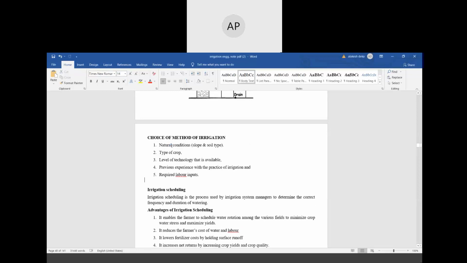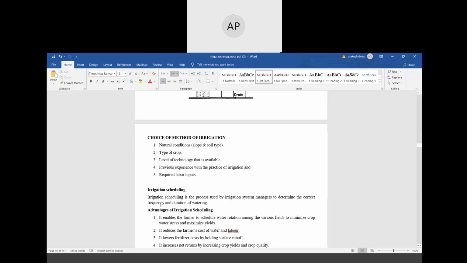How can we choose in what type of soil which method of irrigation is suitable? Generally, it depends on the natural condition of the soil, the type of crops you are sowing, the level of technology that is available, previous experience with the practice of irrigation, and required labor inputs.